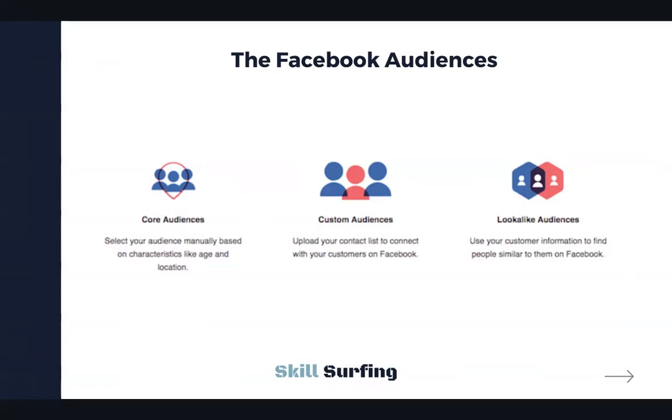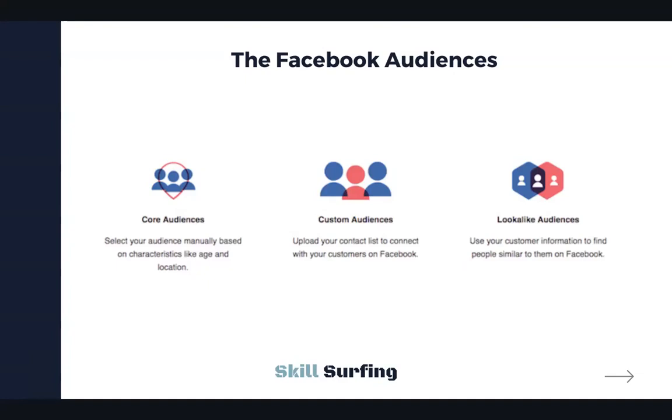Now, there are two types of audiences that are very useful and very important: the custom audiences and the lookalike audiences. So the core audiences, this is when you set up manually based on characteristics like age, location, interest, and everything else. The custom audiences is when, for example, you upload your contact list to connect with your customers on Facebook.